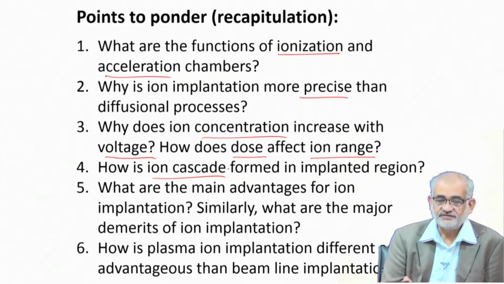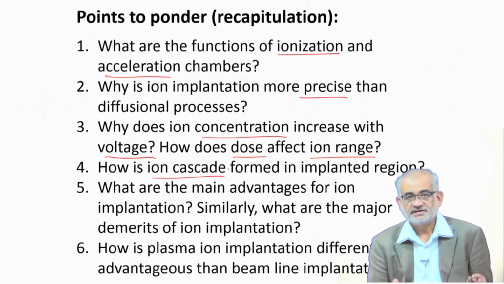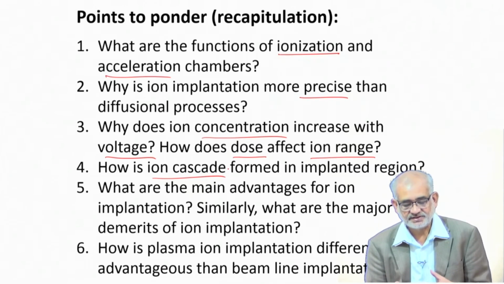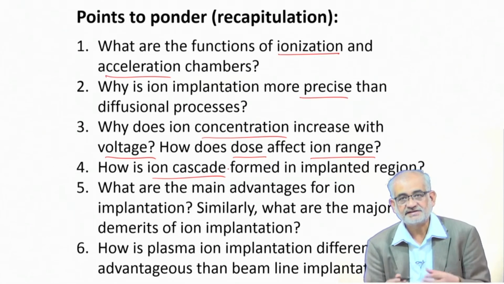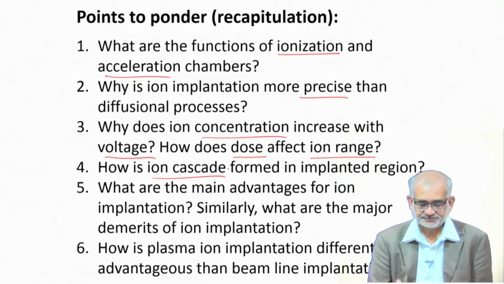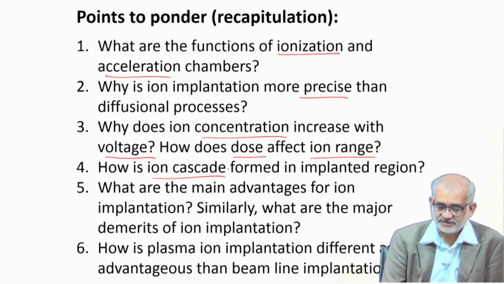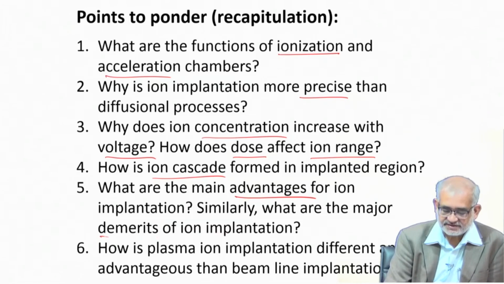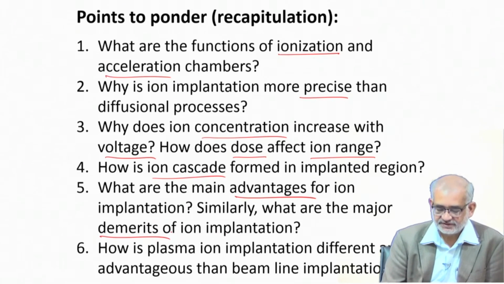So except for very few directions where channeling can happen, in the rest of the cases, the incoming ions will collide with the existing species on the lattice at the surface or a few atomic layers below the surface, and one hits another, and that's how a cascading effect happens, and this goes deep down inside. So there are both advantages and disadvantages, and we have discussed some of them clearly.